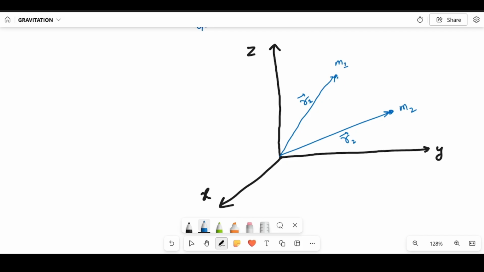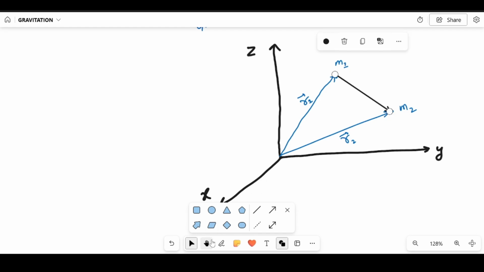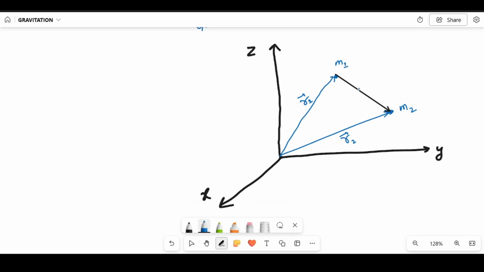Then if we draw a vector from here to here, this vector will be r2 minus r1, and we can write in short, position of 2 with respect to 1.